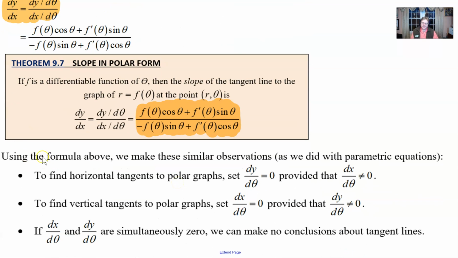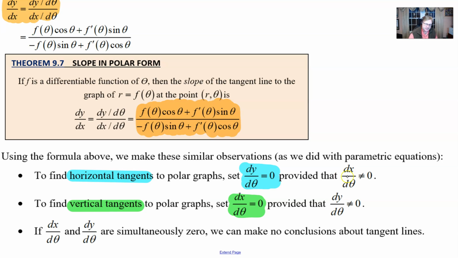Yes, using the formula above, you have to understand some observations. If you're looking for horizontal tangent lines, which is an awesome connection, horizontal tangent lines will occur when the derivative of the numerator, dy d theta, is 0. When you're looking for vertical tangent lines, that's going to occur when the denominator is equal to 0.